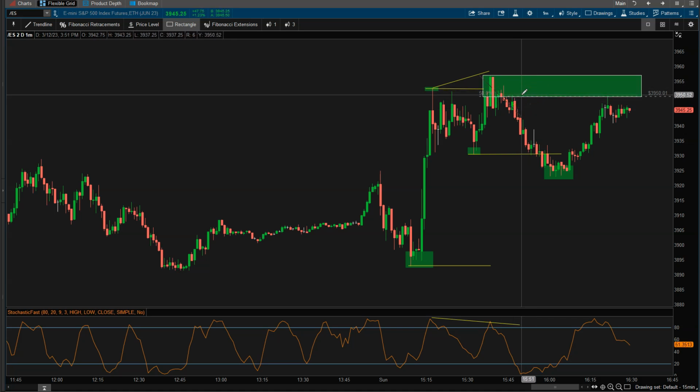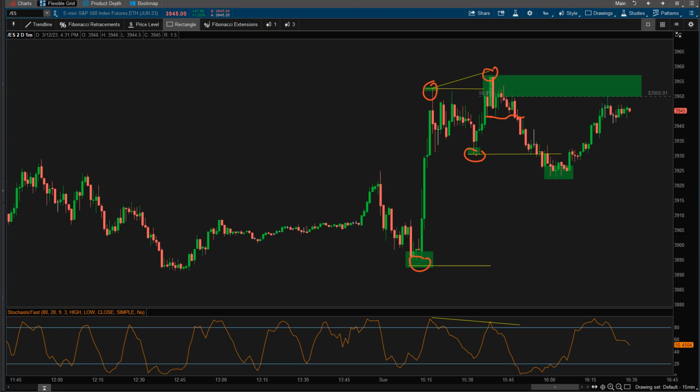One of the things I really like about this trade is we have a low, a high, a higher low, and a higher high. But look at these two lows, which are essentially the very last of these higher lows.